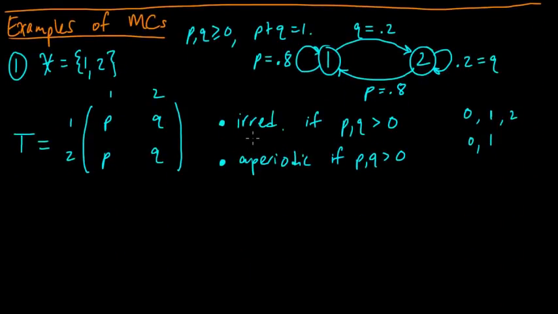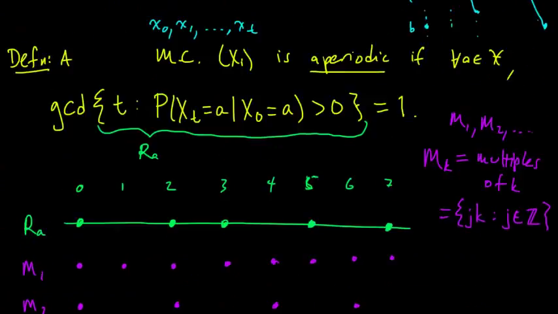Okay, so it's irreducible and aperiodic under these positivity conditions, and let's check if it has a stationary distribution. For a stationary distribution, we need to find some PMF pi. Let's remind ourselves the definition.